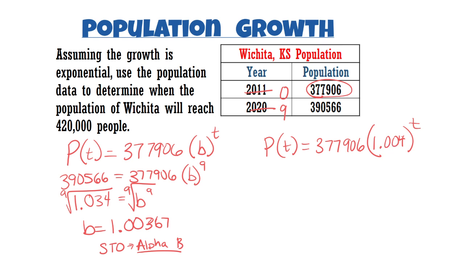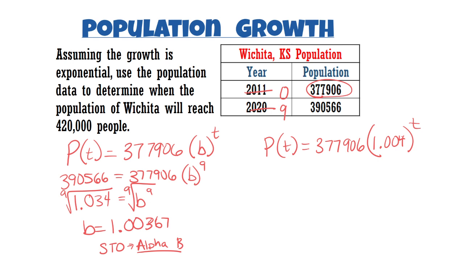You can't put the rounded number, you need the full value. So if you stored it under alpha B, then you could type this and then hit alpha B to the T, and that would keep the full value. Otherwise, you're having to type that full value, because this is one of the scenarios where you can't just go up and grab it, because you're now on our Y equals menu.